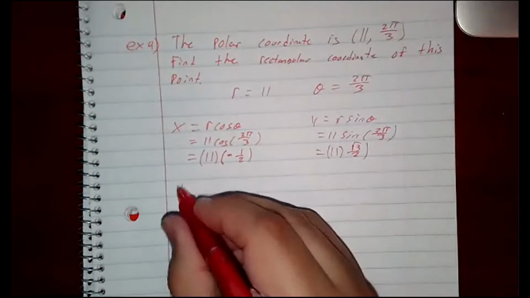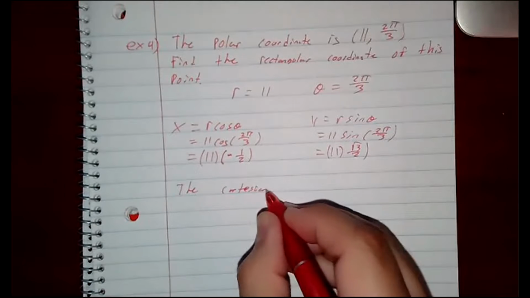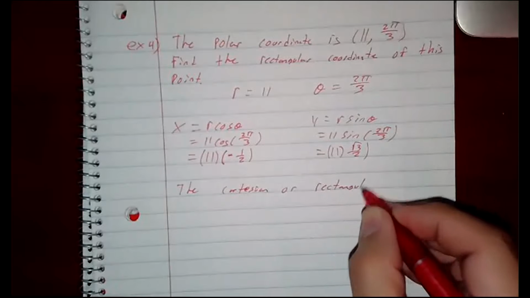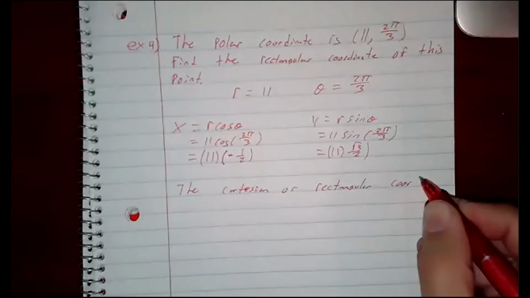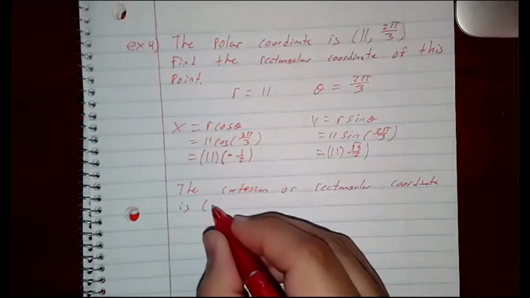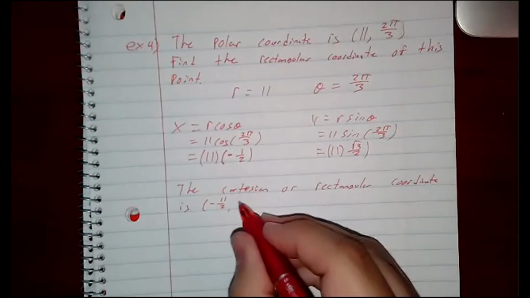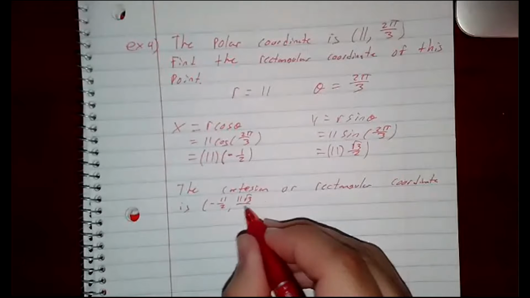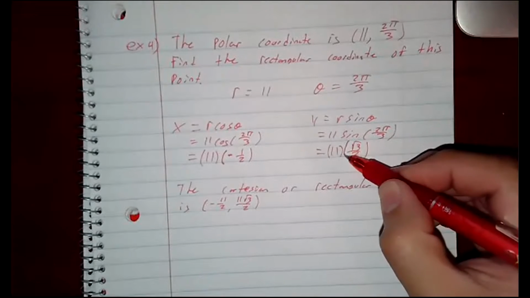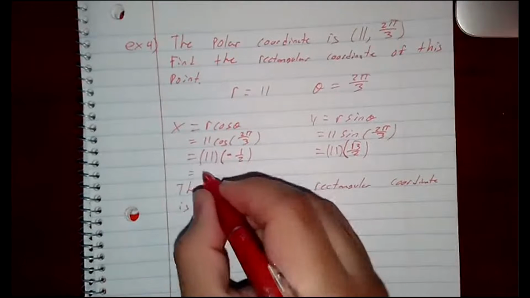So the Cartesian or rectangular coordinate is simply negative 11 over 2, comma, 11 root 3 over 2, right? Once you multiply that out. I did not multiply here. But you guys see that, right?